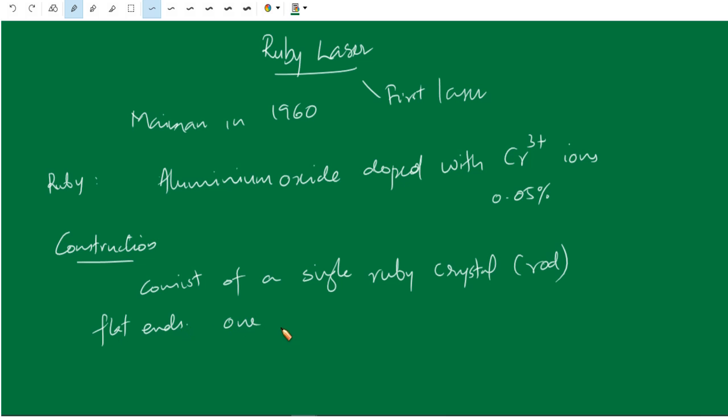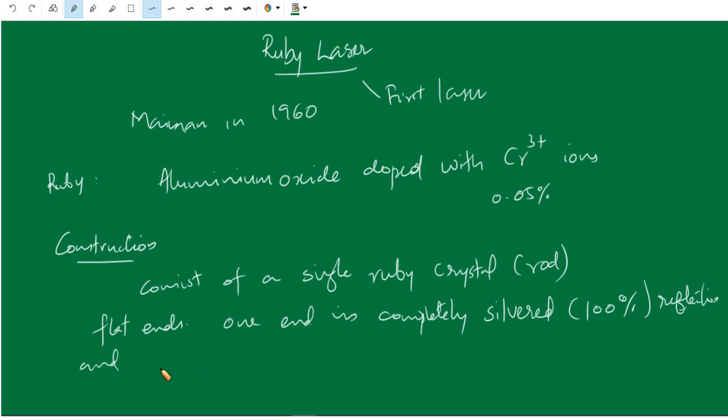One end is completely silvered for 100% reflection, and the other end is partially silvered, about 99% reflection.